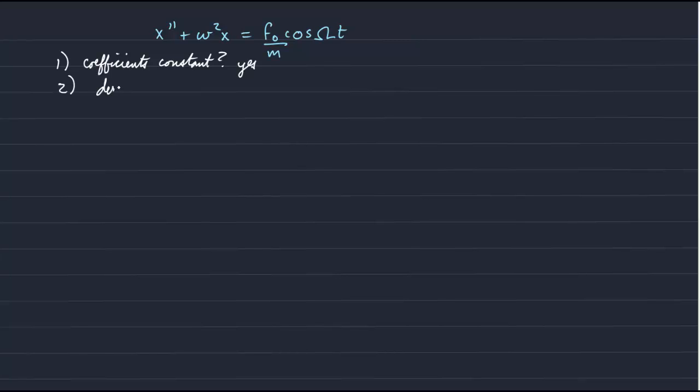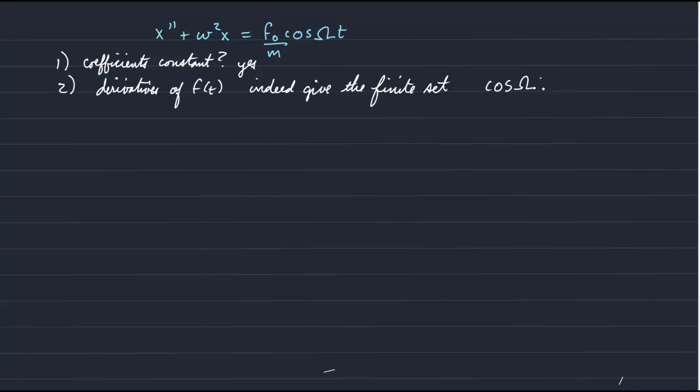So derivatives of f of t indeed give the finite set of cosine capital omega t and sine capital omega t. And since it's finite, then we can proceed in solving for our non-homogeneous solution.